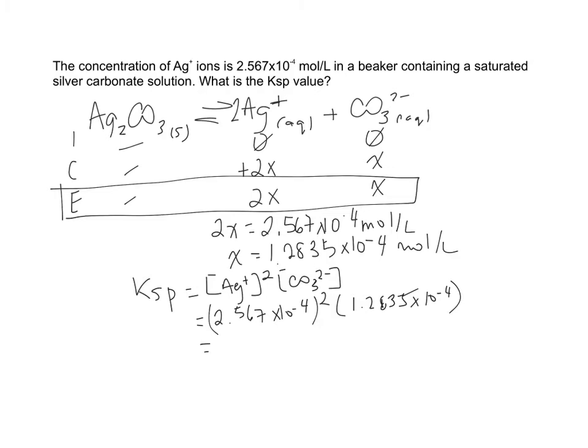So this is equal to 8.46 times 10 to the negative 12. So we really do have a very small Ksp. So very little silver carbonate actually dissolves into its ions. So it's very low solubility.